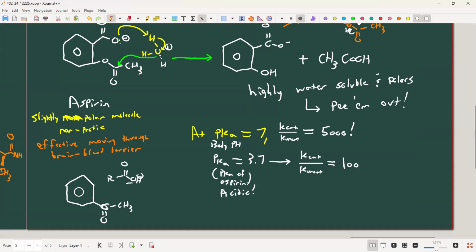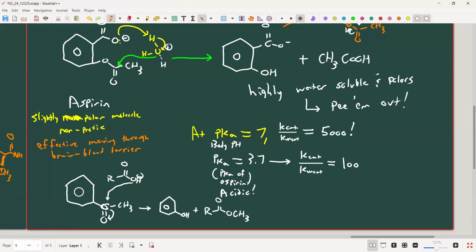We have OH, and that acts as a nucleophile to then form phenol, plus an ester. So that's what we would get from that reaction.